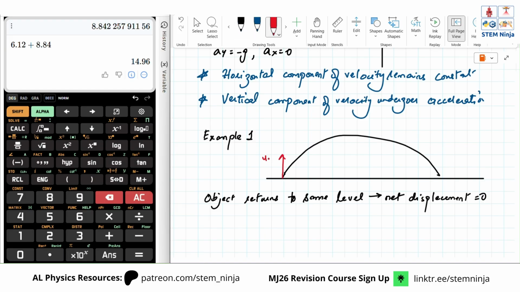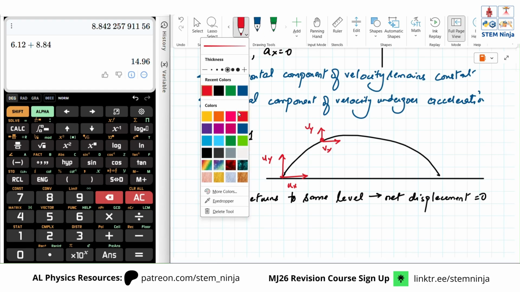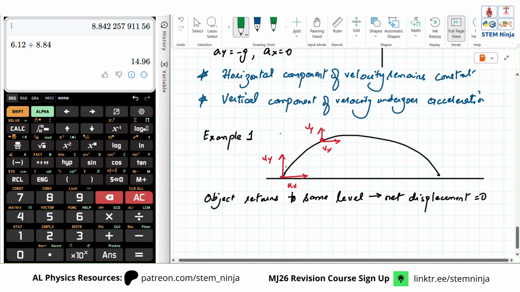So this is your uy, this is your ux, this is somewhere over here vy, vx. We know acceleration is downward. So, for example, let's give some proper value over here because we know the equations now.